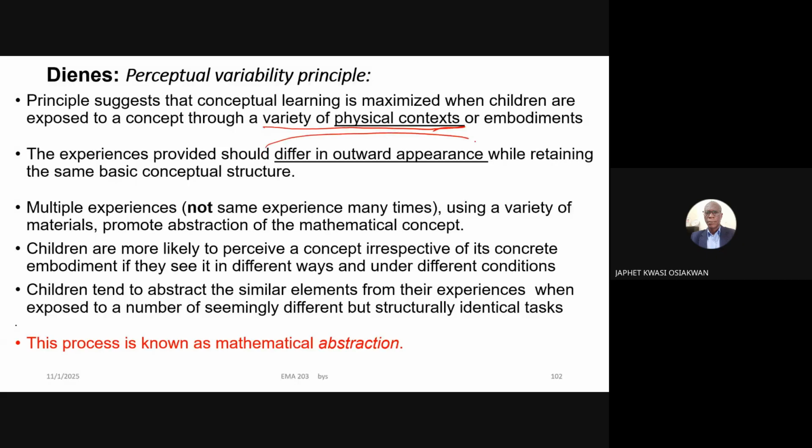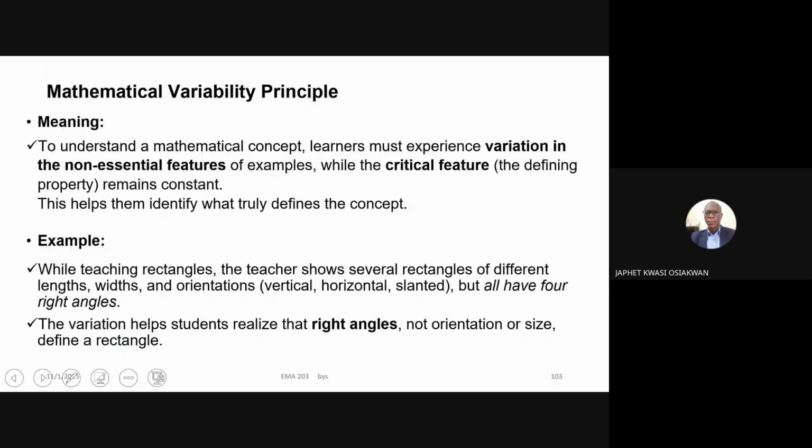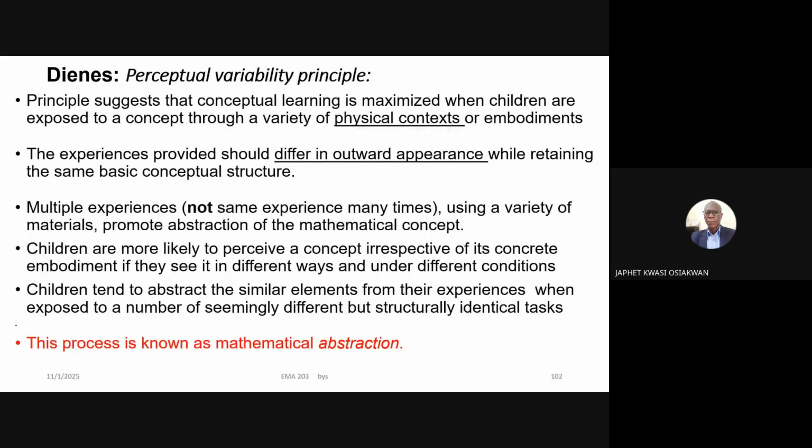Very important: the appearance should not always be the same size, should not always be the same orientation, should not be the same length, should not be the same height. Then we are talking about the perceptual variability principle. So when you arrange for them to abstract the commonalities, then that principle comes in. Any question before I move to the mathematical variability principle?